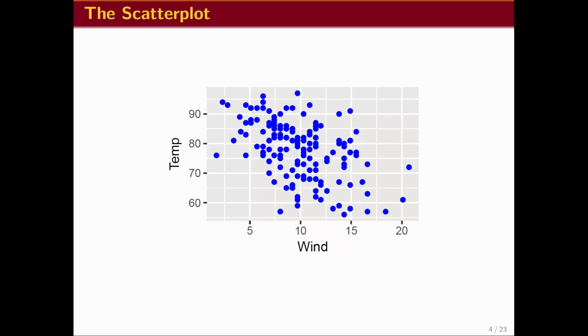Would you say it's a really strong relationship, moderate, or weak? It's weak to modest. It's not super strong. This isn't a case where a wind speed corresponds exactly to a temperature, but there is some trend going on here.